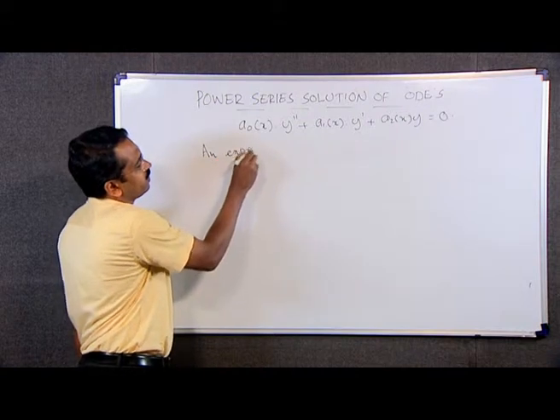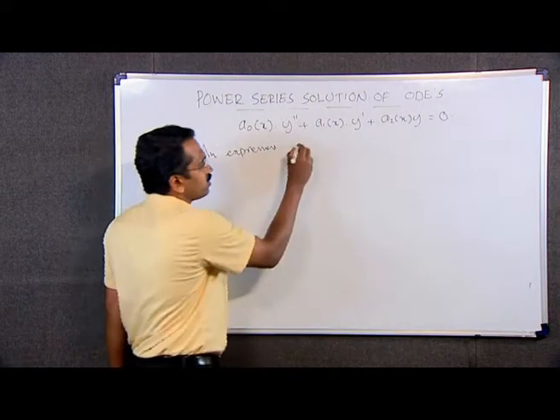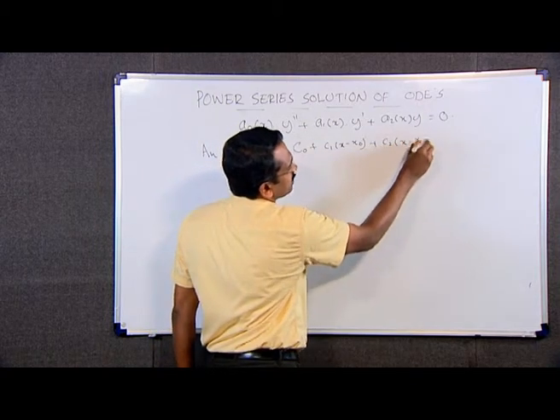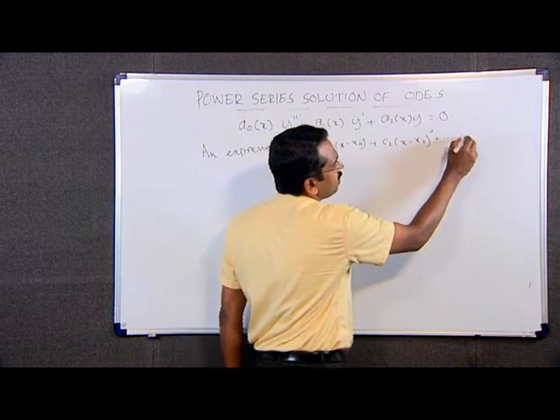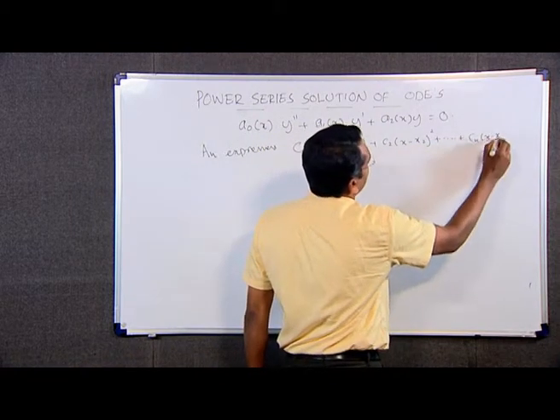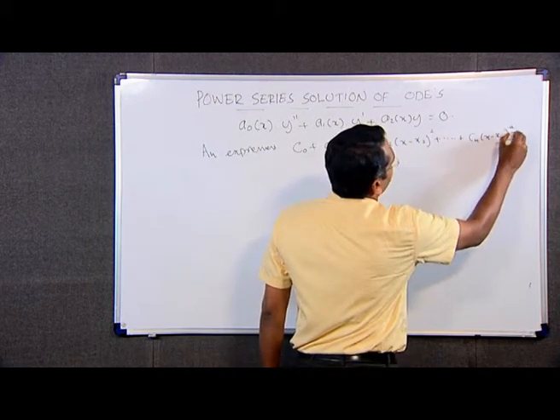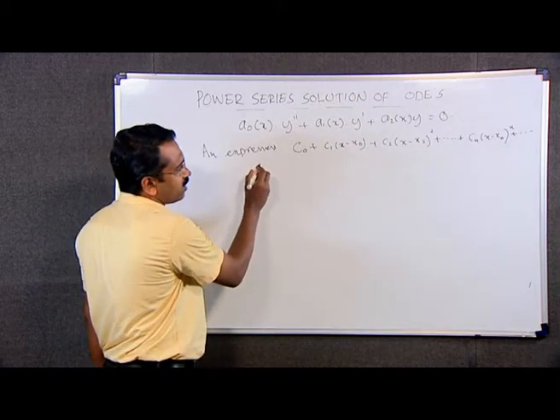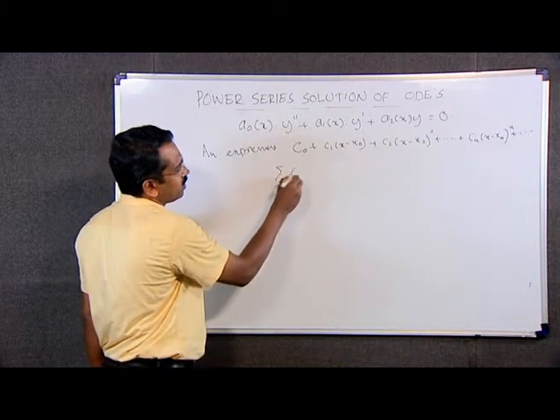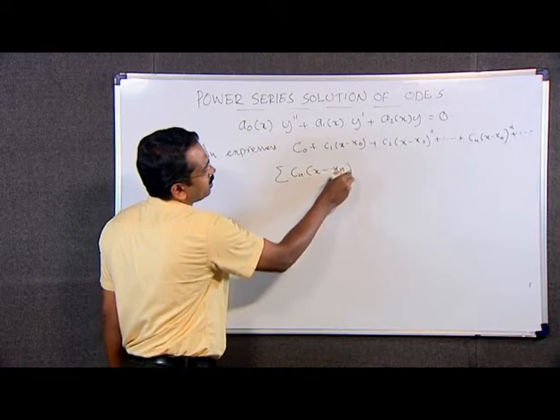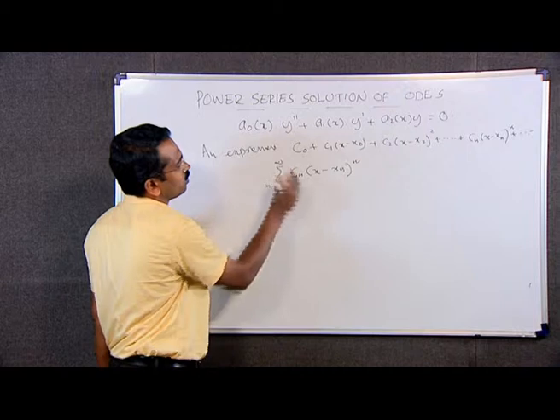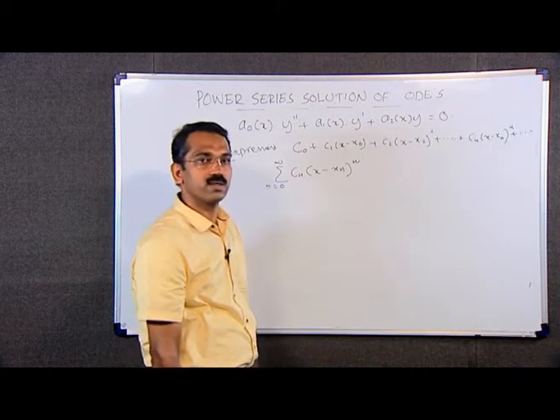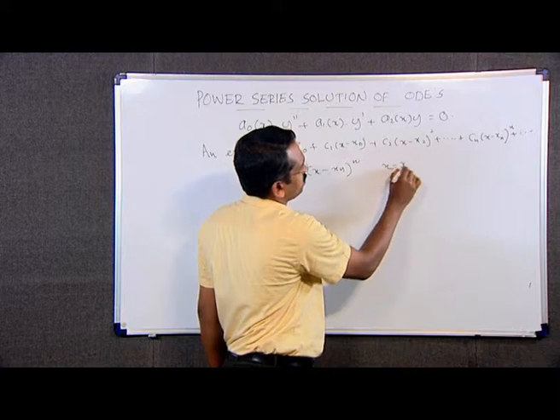An expression of the form c0 plus c1 (x minus x0) plus c2 (x minus x0) squared plus etc., in general cn (x minus x0) raised to n plus etc., or in summation form, summation cn (x minus x0)^n, where n varies from 0 to infinity, is known as a power series of the variable x in powers of x minus x0.